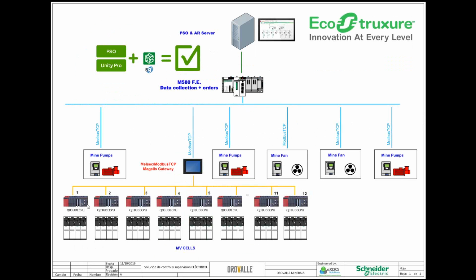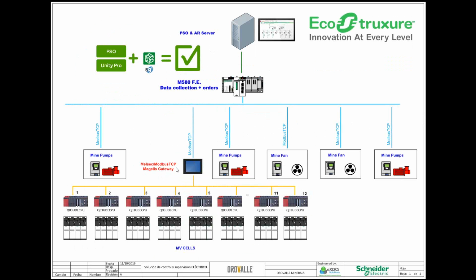Each area is controlled by a Mitsubishi PLC, and this PLC communicates in Ethernet by a specific protocol of Mitsubishi called MELSEC. In order to integrate in a Modbus TCP network, we have used a gateway from MELSEC to Modbus TCP.